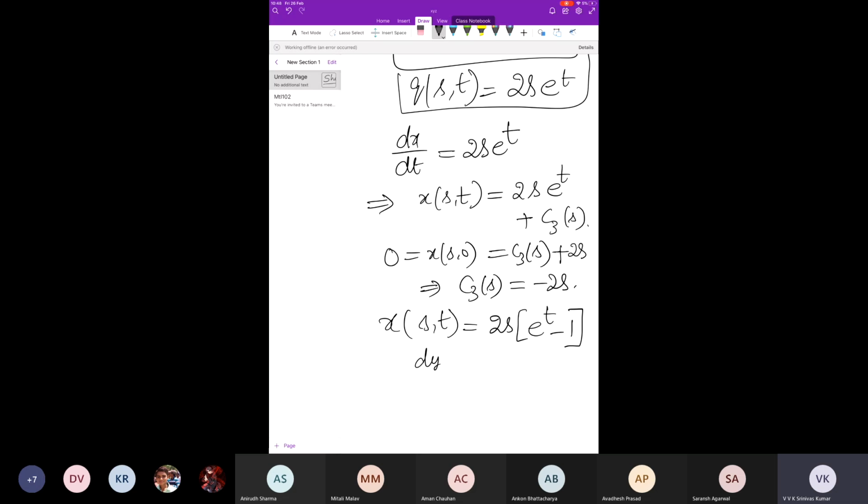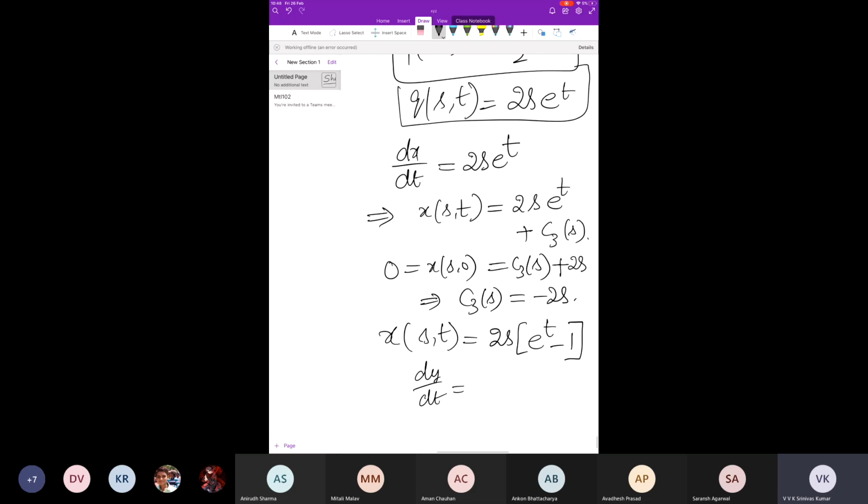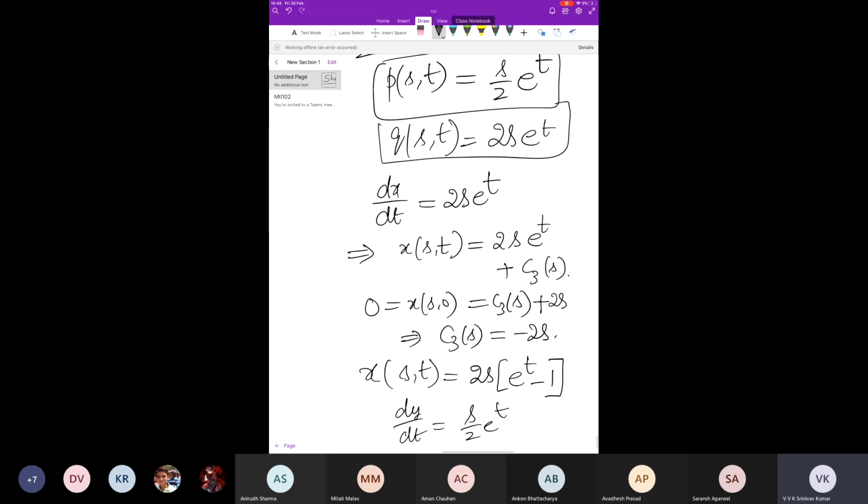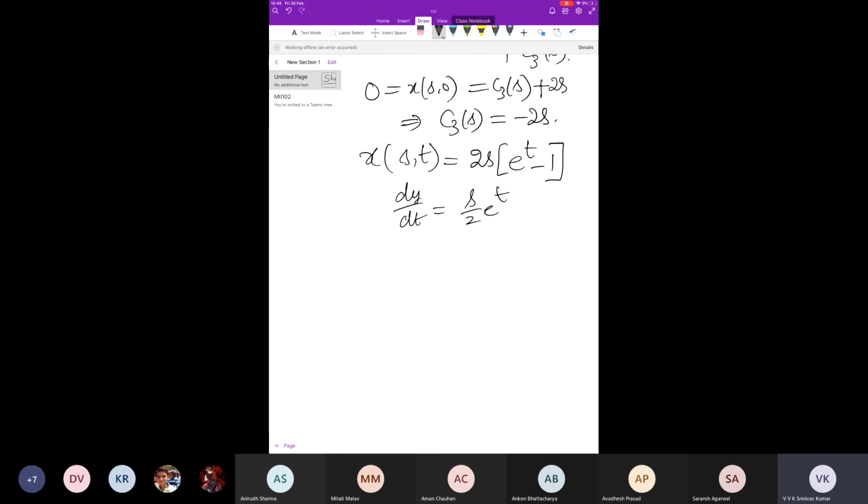Okay. And finally, find dy: dy by dt is equal to p. P is what? S by 2 exponential t. Integrate, we get ys t is equal to s by 2 exponential t plus c4 of s.